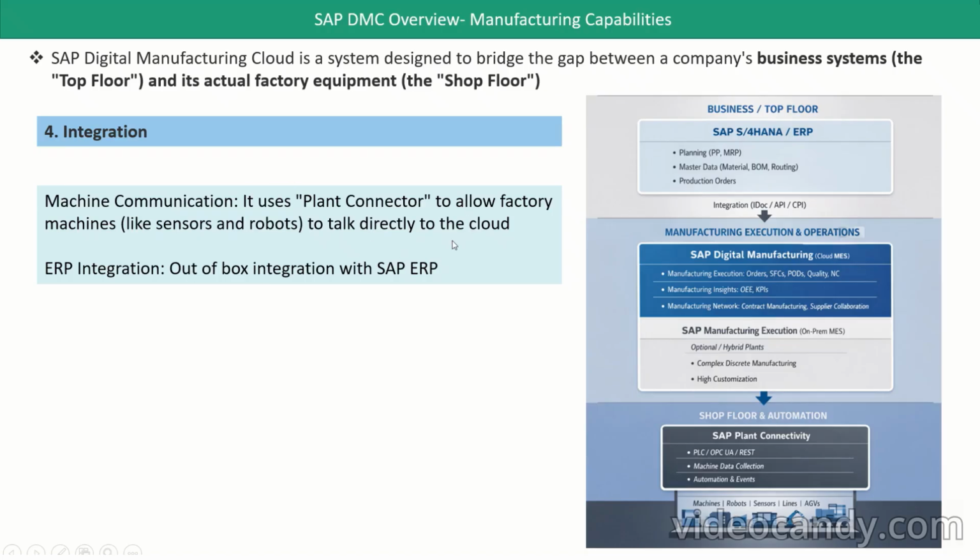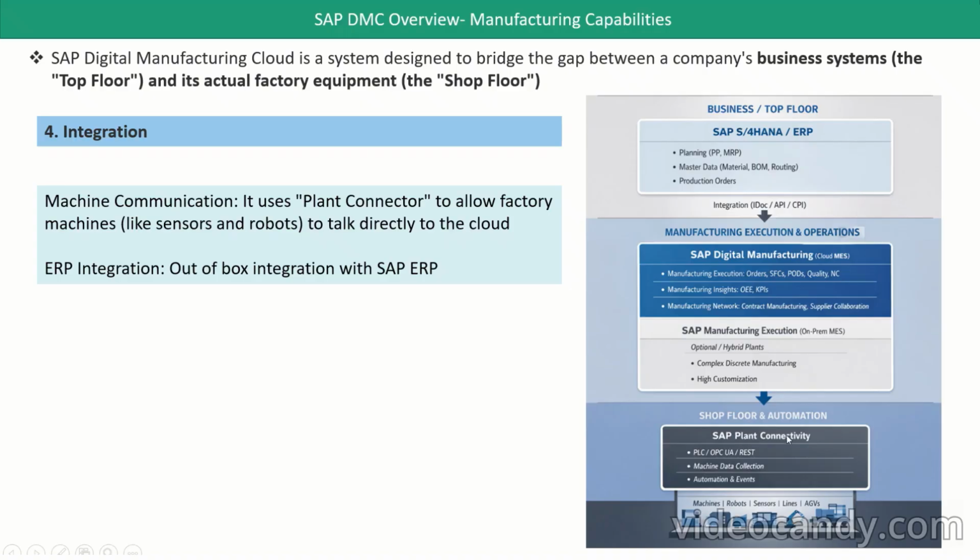We can achieve that with the production connector. Here you can see there is SAP Plant Connectivity. Now SAP is not going to use SAP Plant Connectivity, so it will be the production connector, which is just a successor of the plant connectivity software.